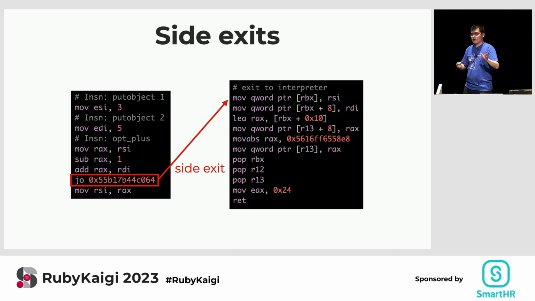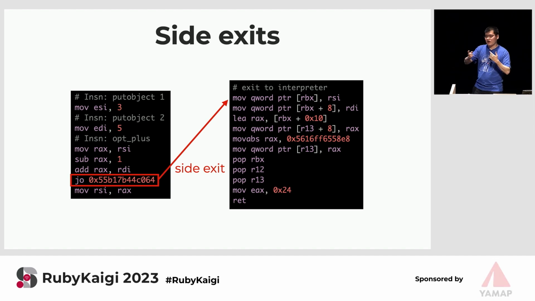So for example, let's say you are only interested in integer calculation or arithmetic optimization. Then you could write a JIT compiler that supports integer calculations, and everything else will side exit to the interpreter. Then you have a JIT compiler that makes integer calculation much faster, while still being 100% compatible with the interpreter.